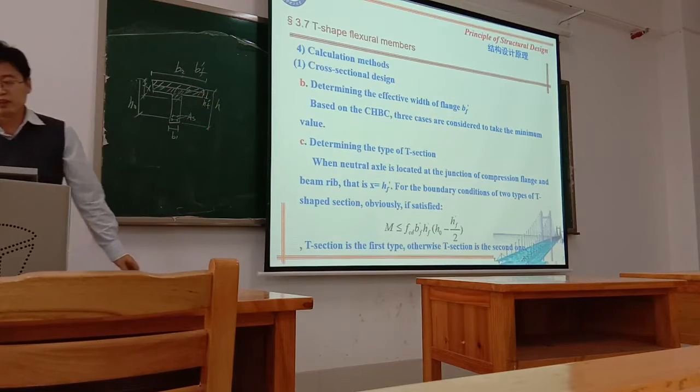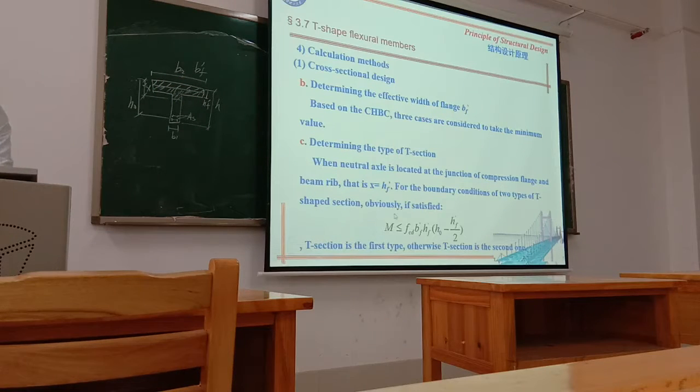Compare this moment with the external load moment MD. Then you can determine whether it is type 1 or type 2. So this equation you should understand. This is the equation to determine the type.